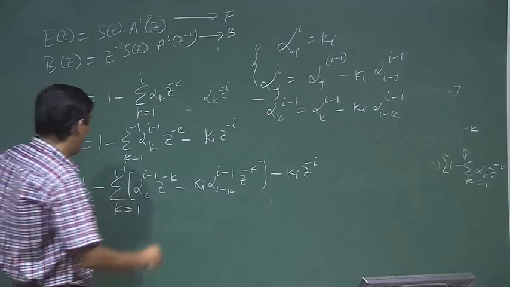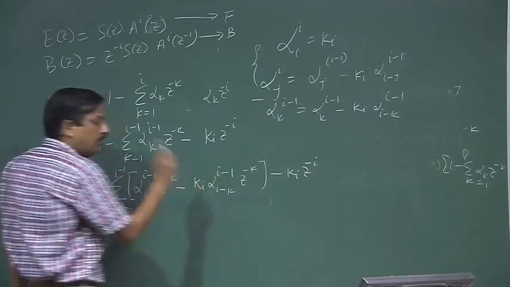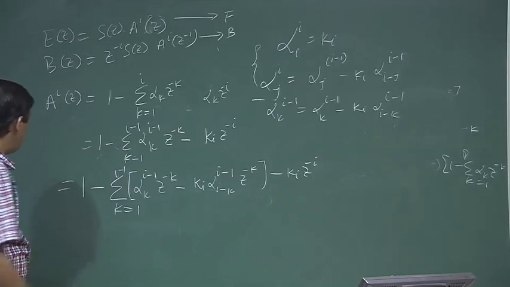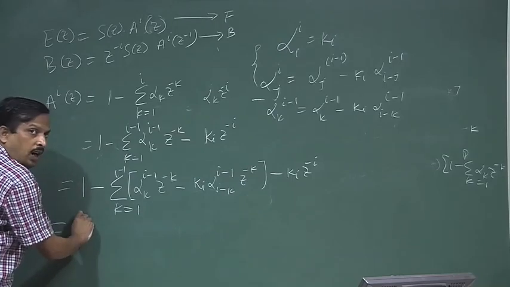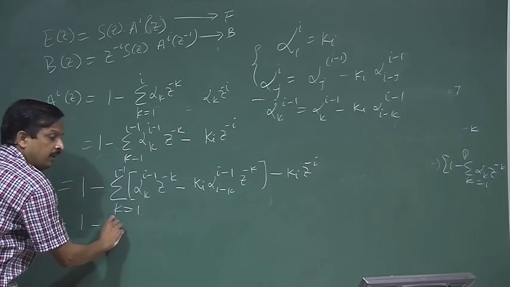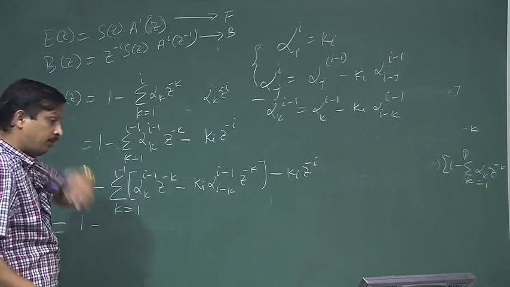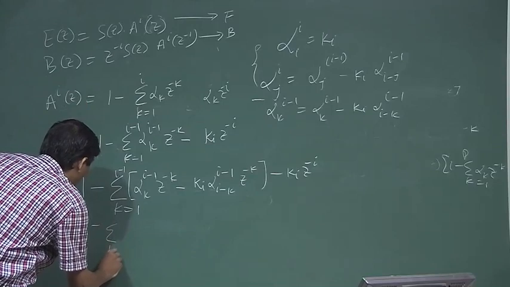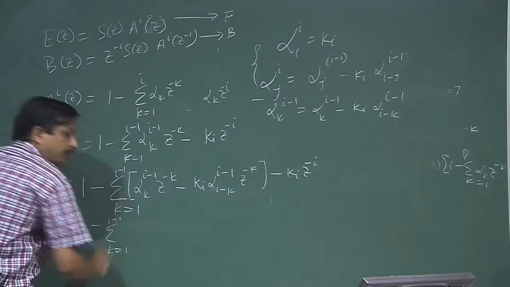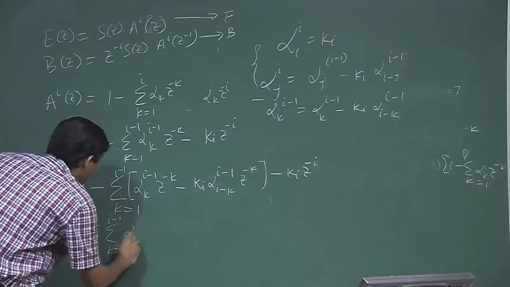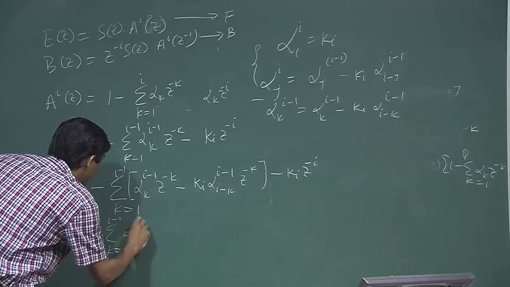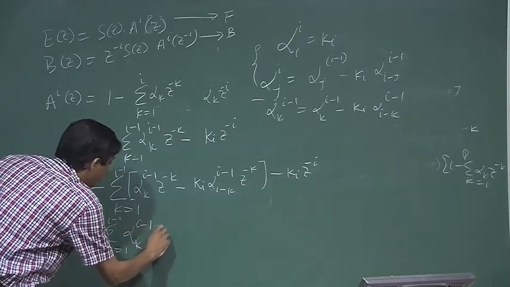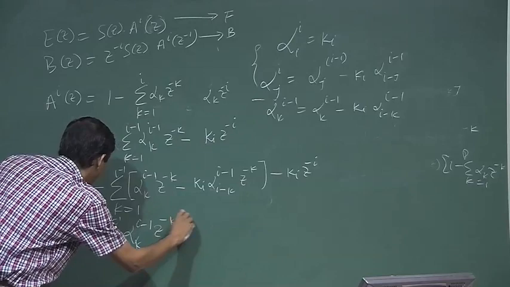Sorry, z to the power minus k is here. So, it is okay. Now, if I do that, I can put that value: 1 minus the sum over k equal to 1 to i minus 1 of alpha k i minus 1 z to the power minus k. This is one term.